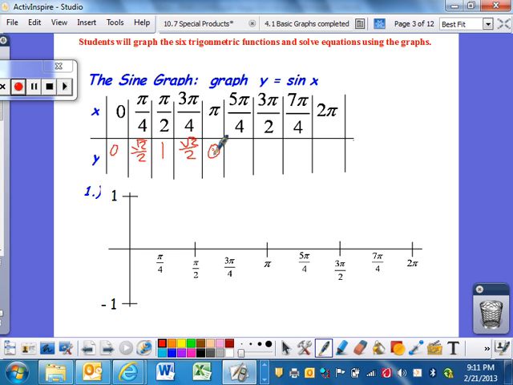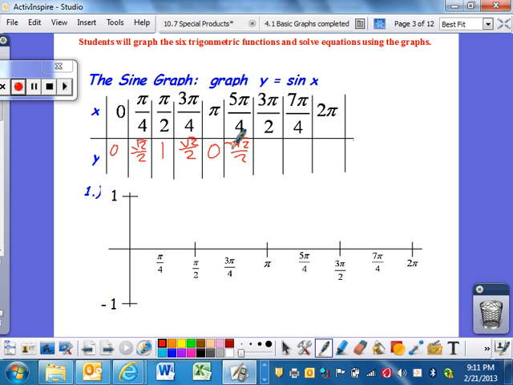And then as we can see here, it starts to repeat again. The thing about 5 pi over 4 is, since we're in our next quadrant as we start to go down, if you put that in your calculator, we're going to get negative square root of 2 over 2.